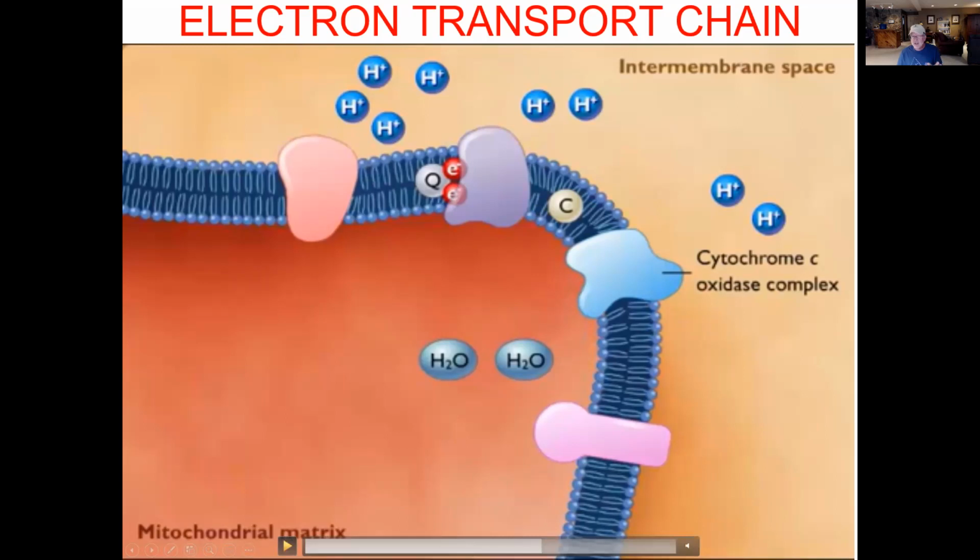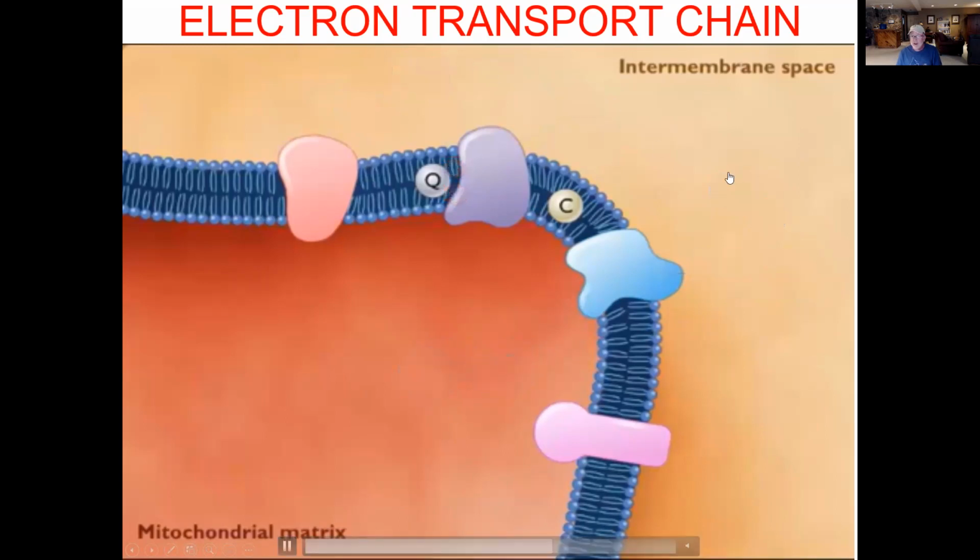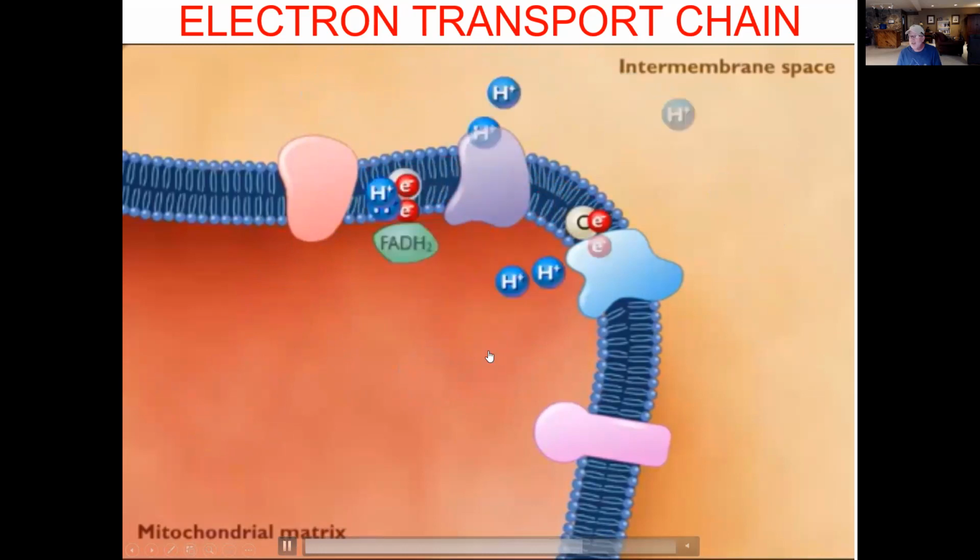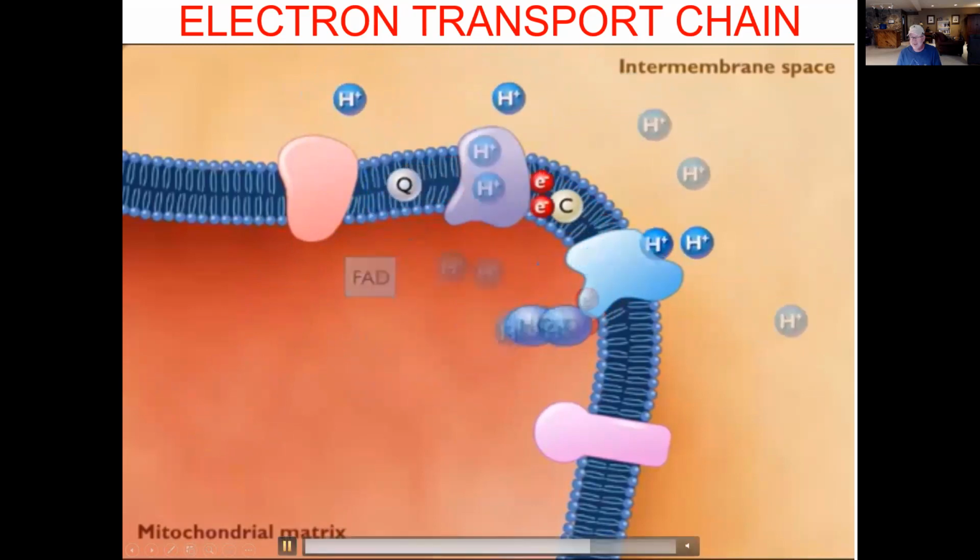But what about this energy that I keep talking about? Where are we making energy? Well, remember, we are starting to accumulate lots of hydrogen ions here in the intermembrane space as a result of the shuttling of electrons between various proteins. So where do those hydrogen ions go? Well, as they accumulate here in the intermembrane space, they would love to diffuse back into the matrix.